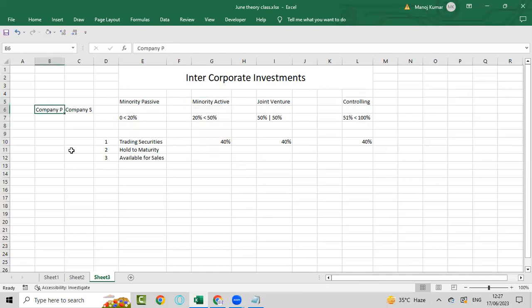Company P and company Z together formed a new company called company S. It is a joint venture. So the situation is altogether different. Company P and company Z together formed a new company called company S. Company P has 40% stake. Company Z has, let's suppose, 60% stake.